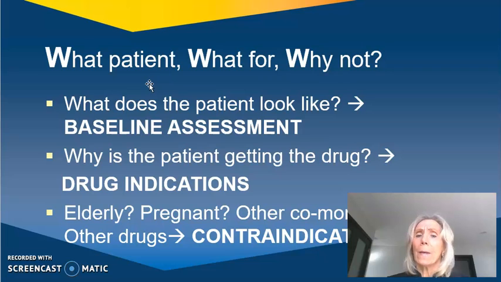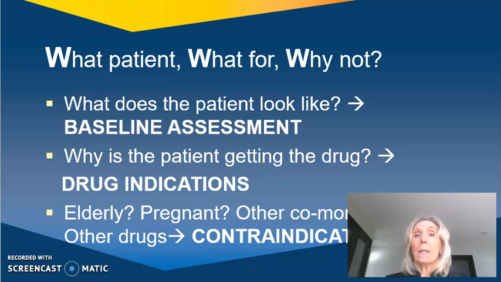The second thing you have to think about is why is this patient getting the drug? So why are we bothering to give this drug? And there are other things we have to think about when we're looking at that patient. Is there something special about lifespan? This patient looks elderly. Is this patient pregnant? Is this a child?